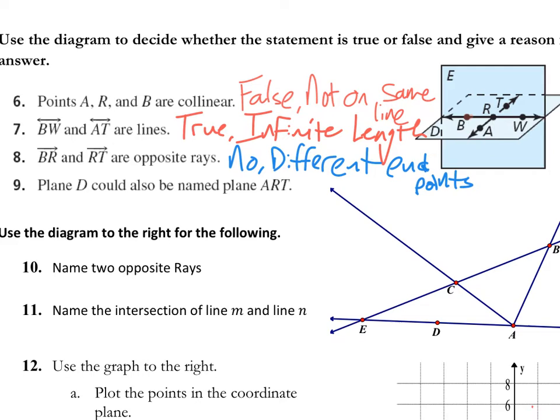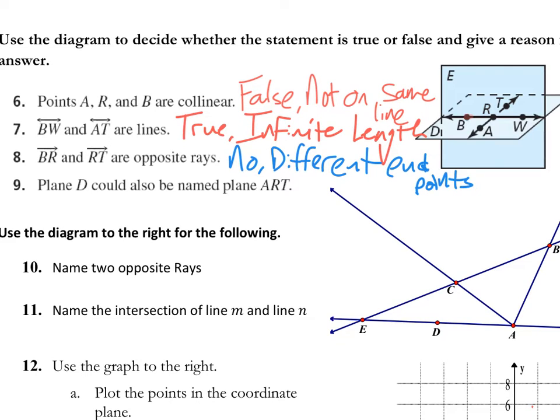Plane D can also be called plane ART. Now this one's a tricky one. D is the name of this plane. Notice there's no point next to D. And then plane ART. Well, A, R, and T are on the same line. And there's actually lots of planes that go through ART. We could draw more planes, maybe like a vertical one that goes through ART.